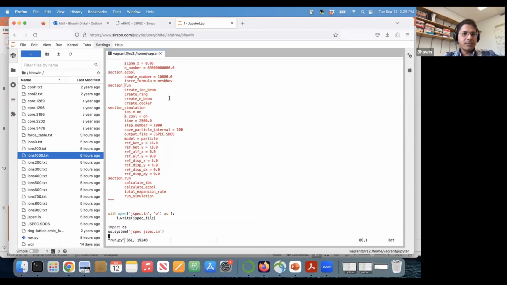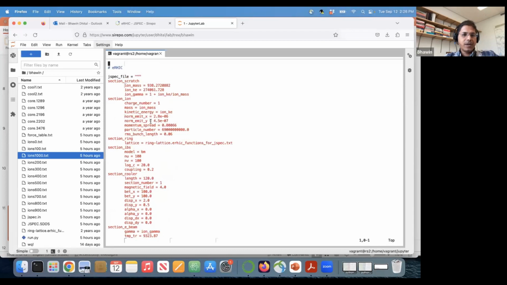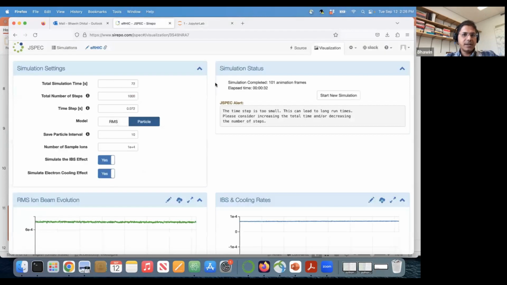When you download the Python source, that gives you a different section, which is exactly what is given here. Sorry, it is not showing me.